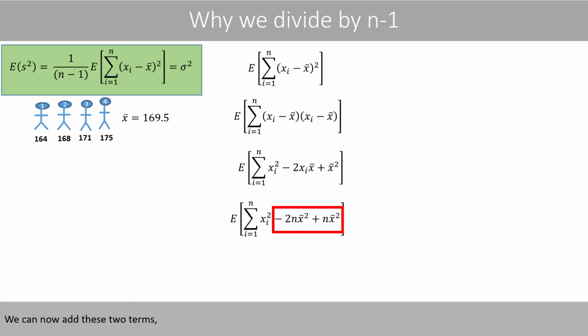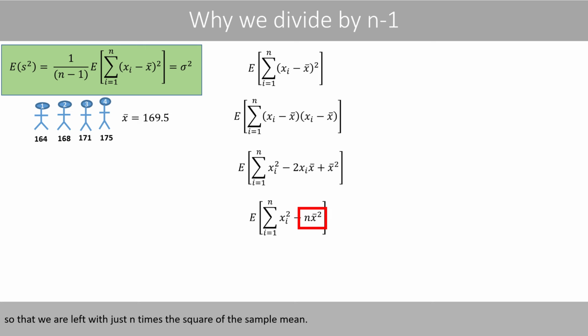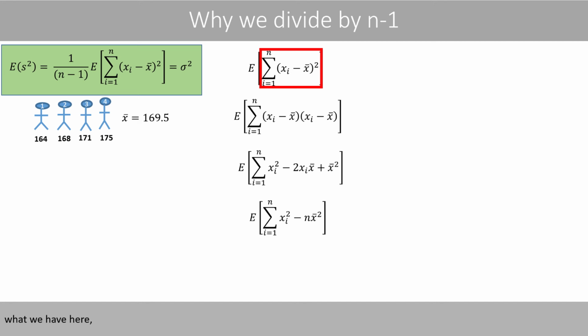We can now add these two terms, so that we are left with just n times the square of the sample mean. Let's see if what we have here results in the same as what we have here, based on our example data.